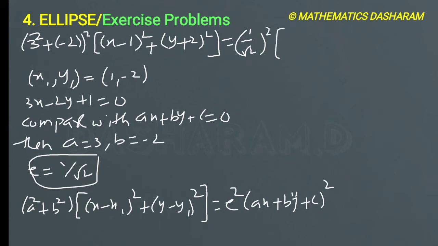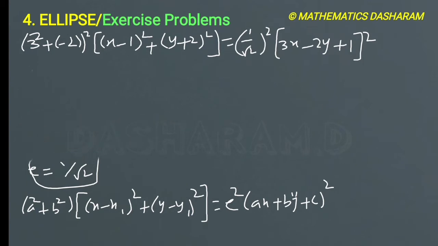Next (ax plus by plus c) whole square, that means (3x minus 2y plus 1) whole square. Let us simplify this. 3 square is 9, minus 2 whole square is 4, so total 13.